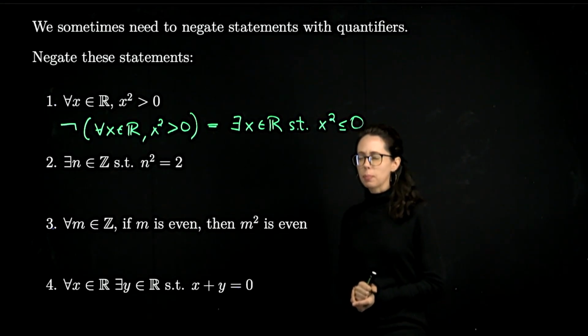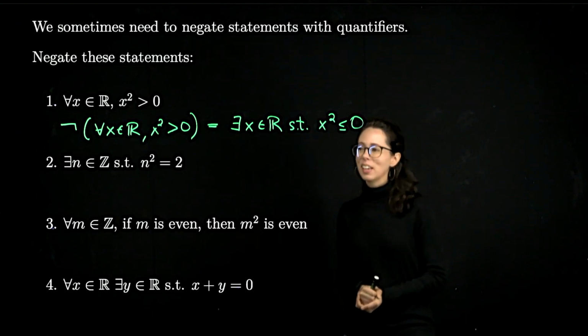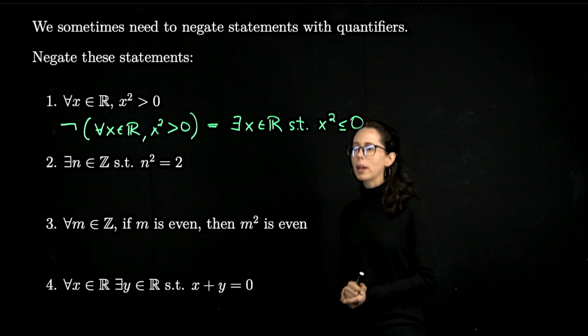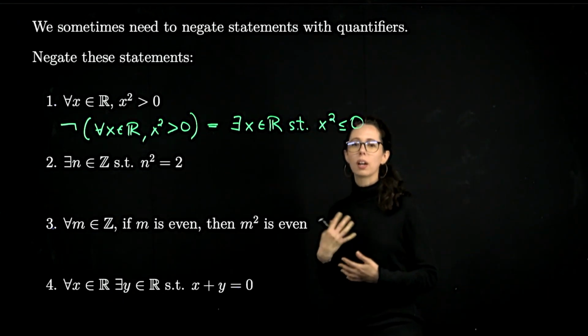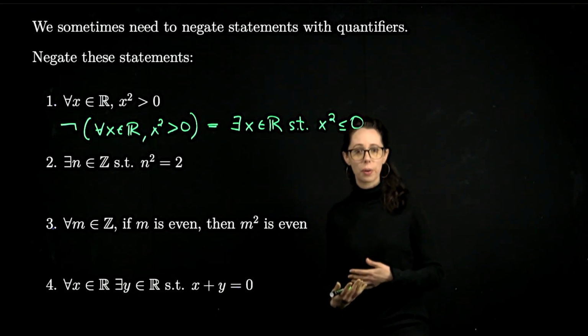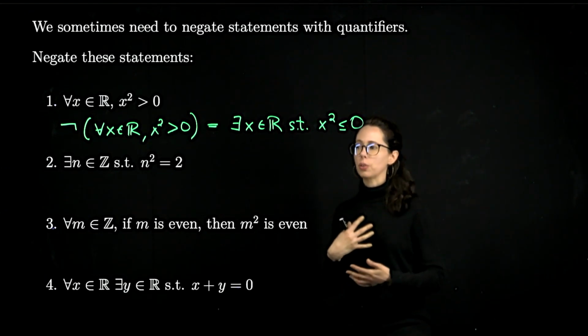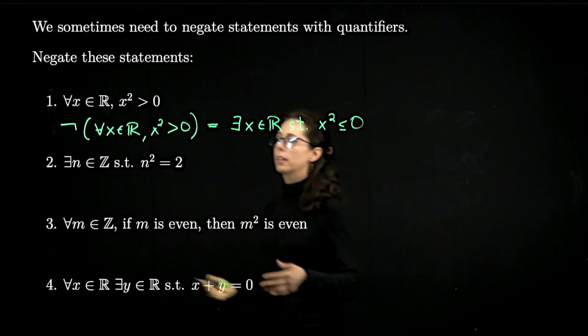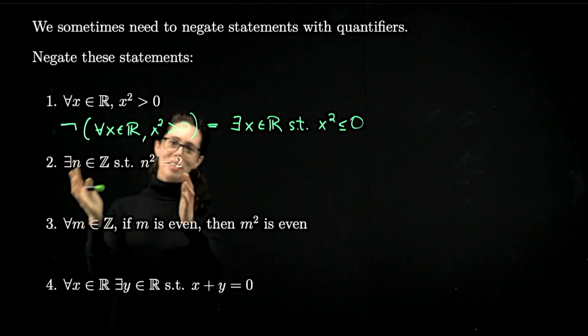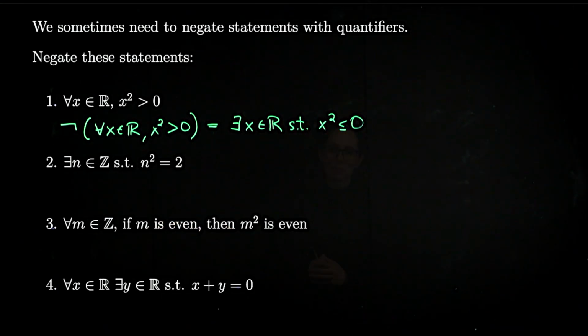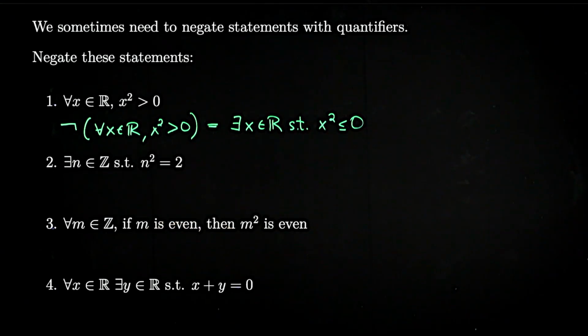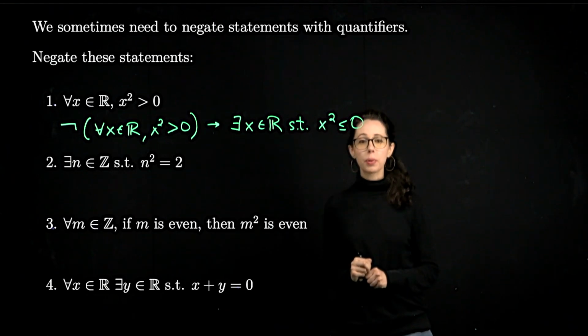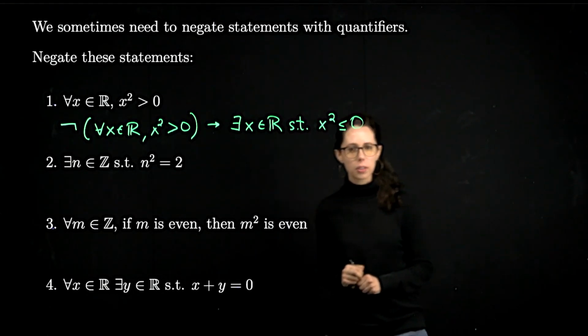Okay, for the second statement, it is also false. So think about what it would look like to say that the statement is not true. How might you start to write out a symbolic expression saying not this example number 2? Example number 2 is also a false statement.